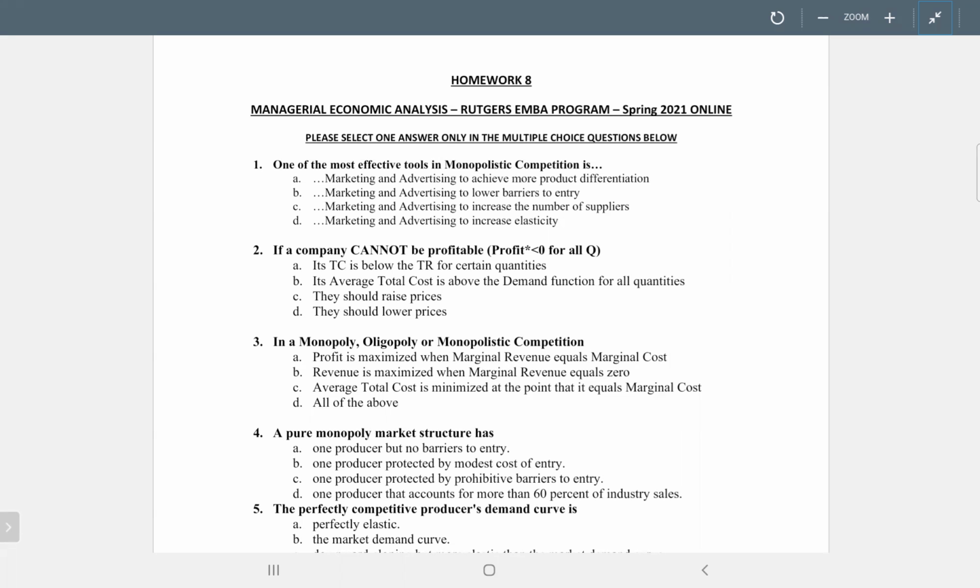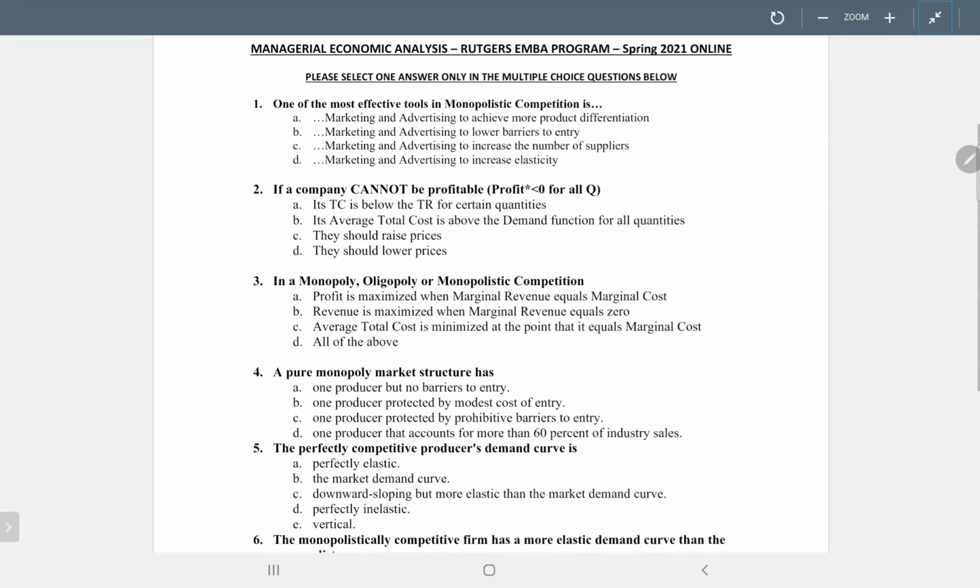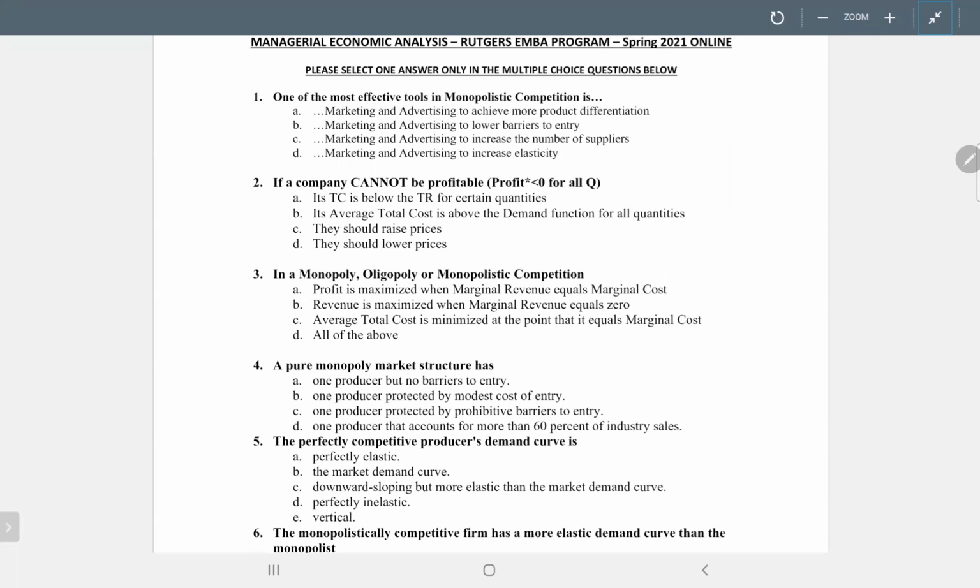I'm going to be explaining this rather than asking what you guys think. It's a good way to kind of do a recap. So 1A, marketing and advertising to achieve more product differentiation. So you remember, we read the article about the water bottles everywhere, how a ton of different brands through advertising, packaging, and whatnot are trying to achieve product differentiation. So 1A. And if you have questions, just let me know.